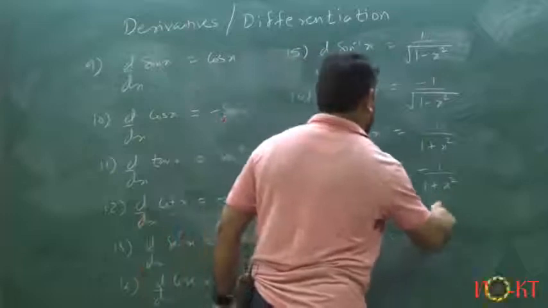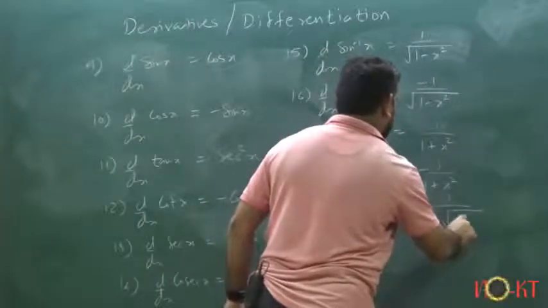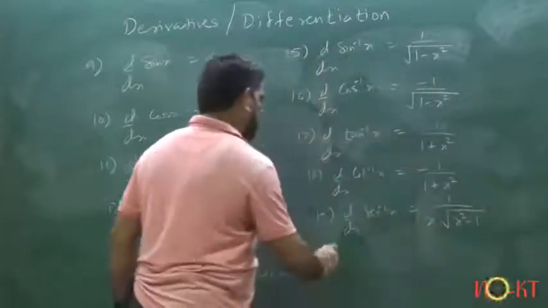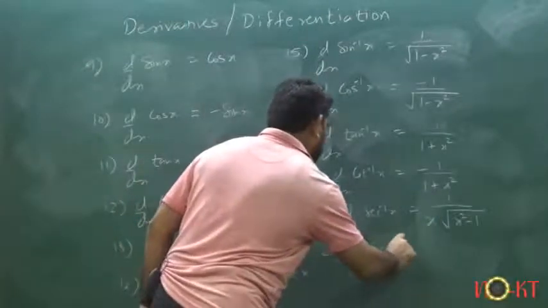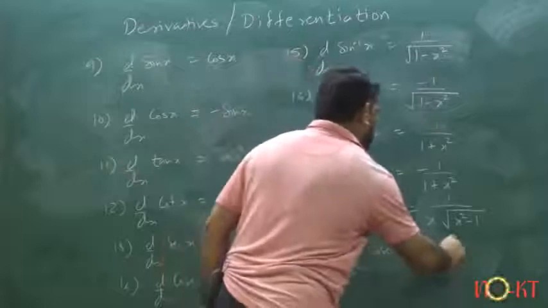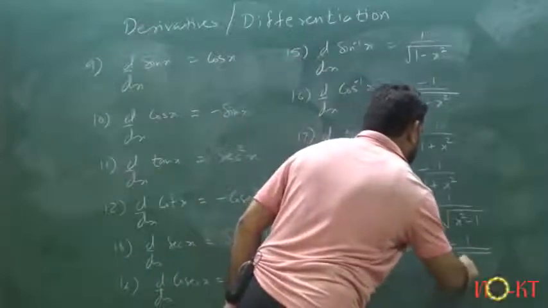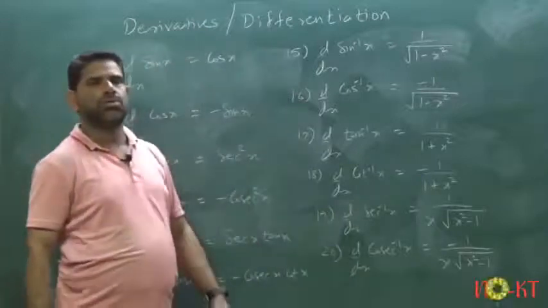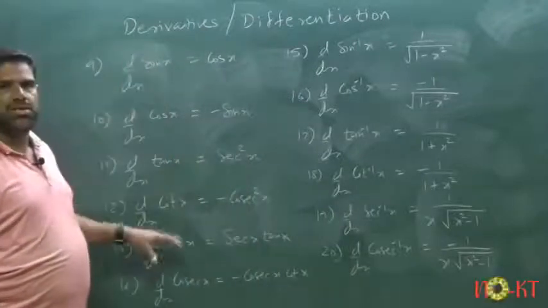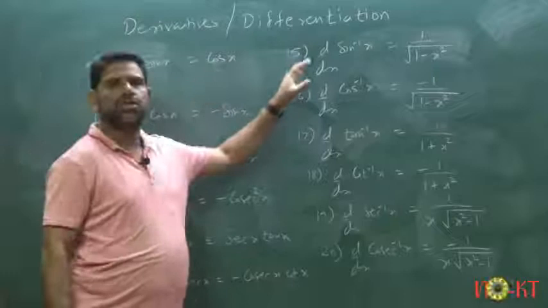It is 1 upon x into under root x square minus 1. And finally we have the derivative of cosec inverse x. It is minus 1 upon x into under root x square minus 1. So this was all inverse trigonometric functions.